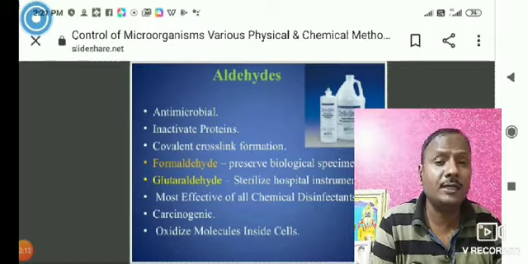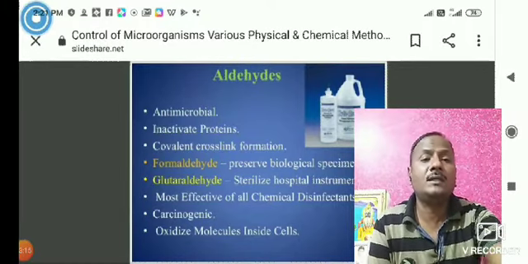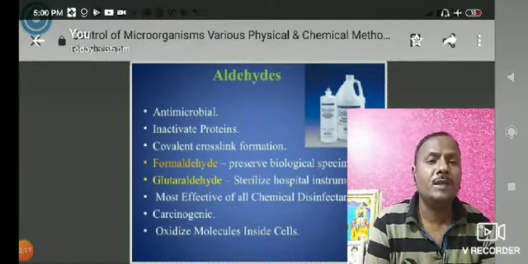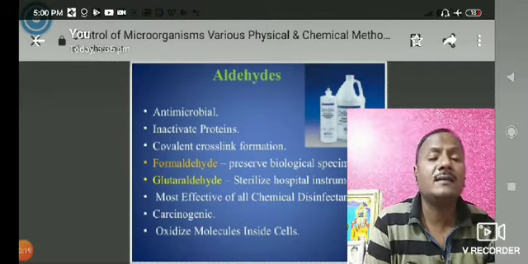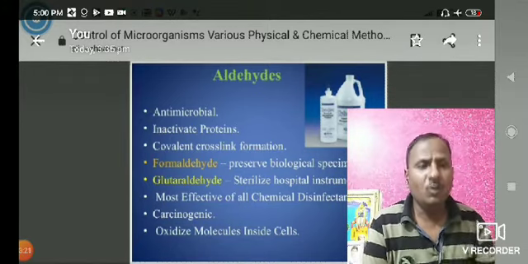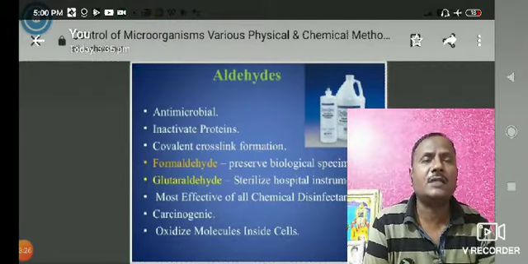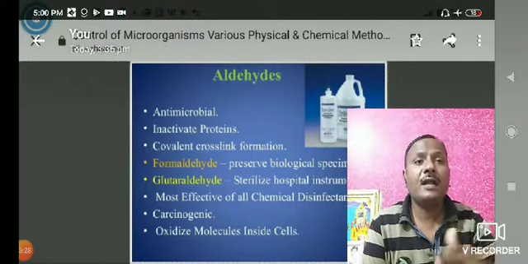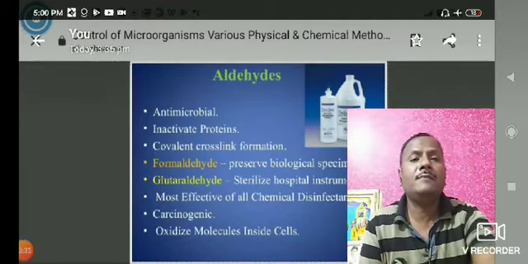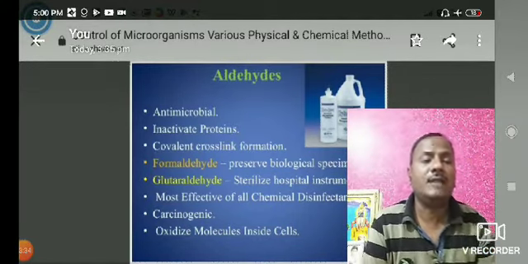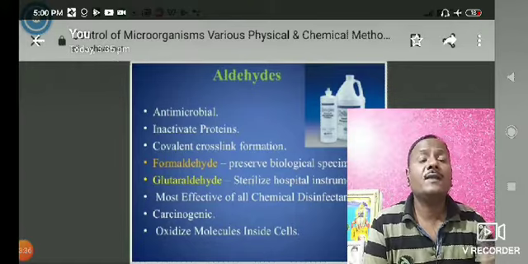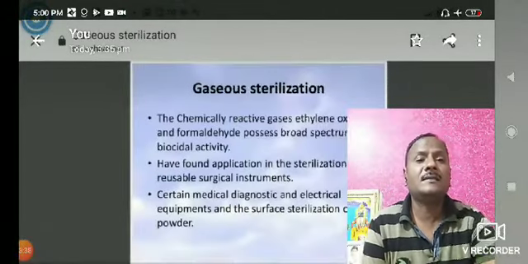They are carcinogenic, and they are useful to oxidize molecules inside the cells. Oxidize means whatever the reactions inside the microbial cells, if they are oxidized due to the effect of formaldehyde, there is a side effect in the cells.